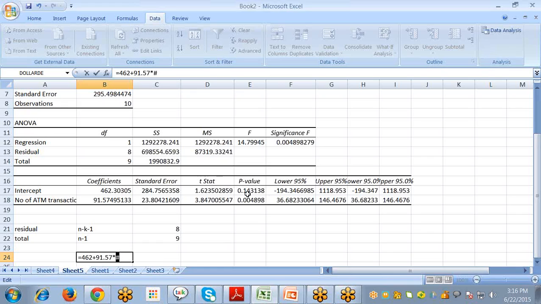The p-values must be as low as possible, and the significance of F also must be as low as possible. If both these values are low, that means our regression analysis is very good and correct. Here the p-values are also very low, 0.1 and 0.004. So our regression analysis is very much correct.